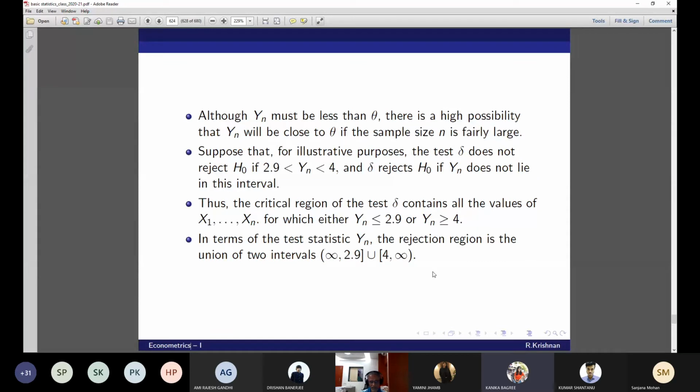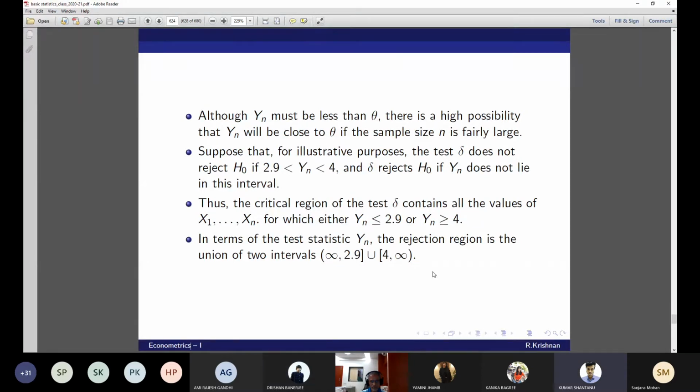Correct. I am taking it to be 2.9 less than yn less than 4. So what am I hypothesizing now?